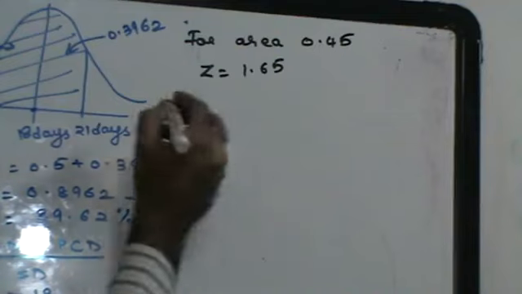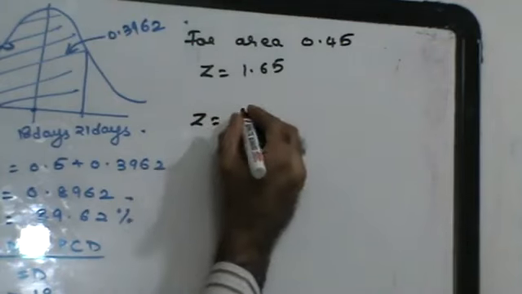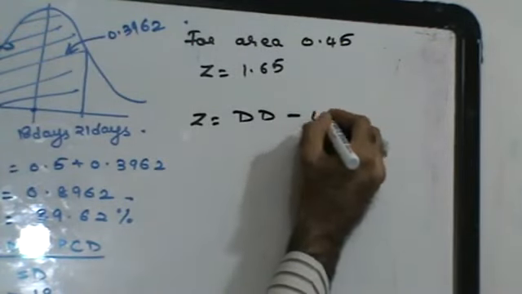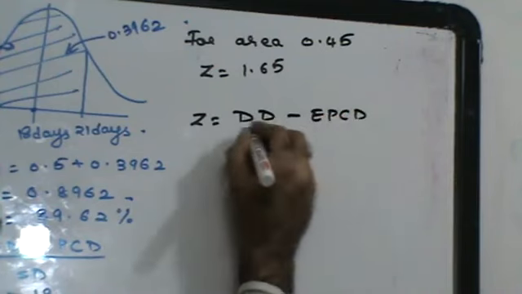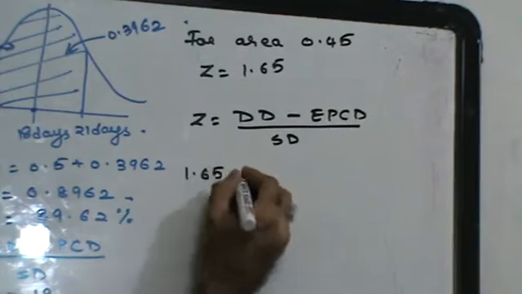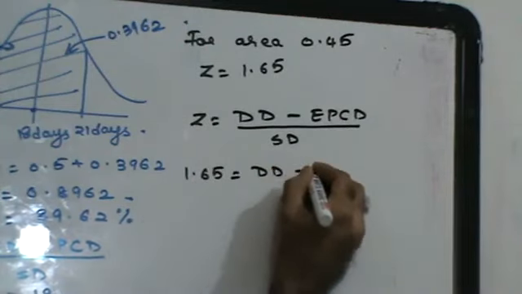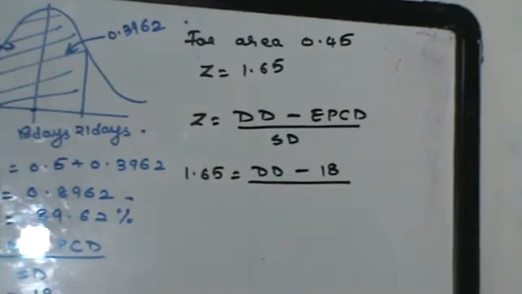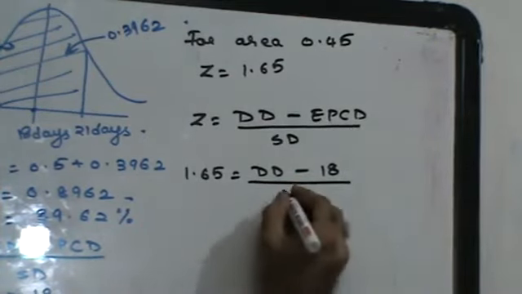Once I know my normal variable, we know that normal variable is given by the formula due date minus expected project completion date upon standard deviation. 1.65, due date we don't know, project completion date is 18, upon standard deviation is 2.38.